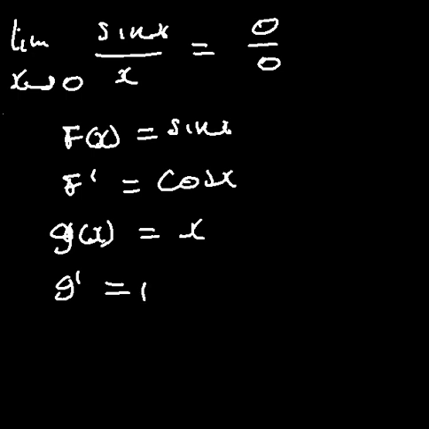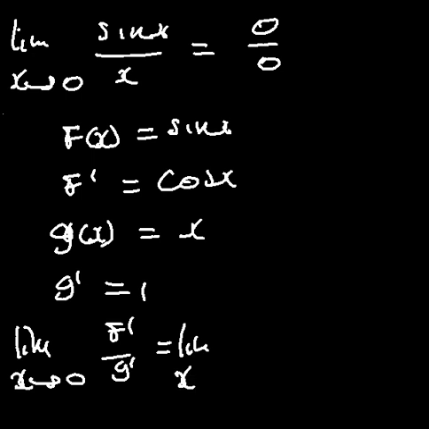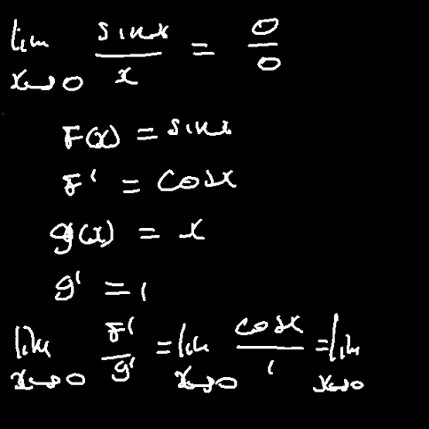So according to L'Hopital's law, in this case we'll have the limit as x approaches 0 of f prime of x over g prime of x. That will be the same as the limit as x approaches 0 of cos x divided by 1, which is the same as the limit as x approaches 0 of cos x. Now the direct substitution works, and that will be given as 1. That is the limit.